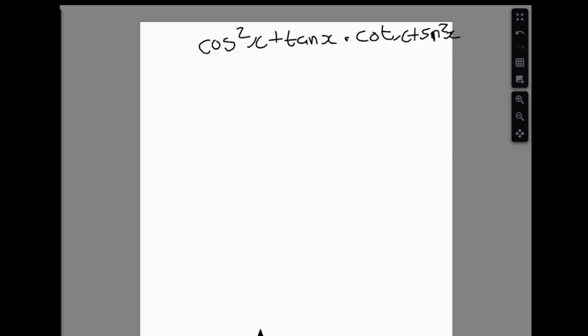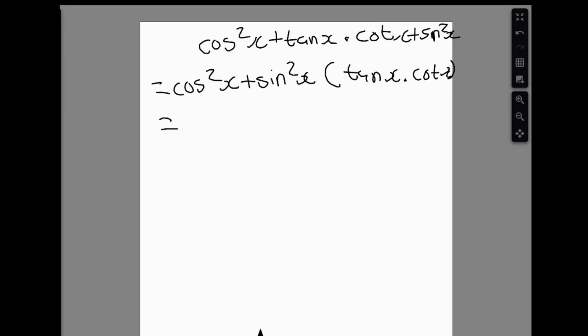Okay. Now we can say, because there's a plus here and a plus here, we can say that cos squared x plus sine squared x, multiplied by tan x multiplied by cot x. And we know this is 1. So 1 multiplied by tan x multiplied by cot x.